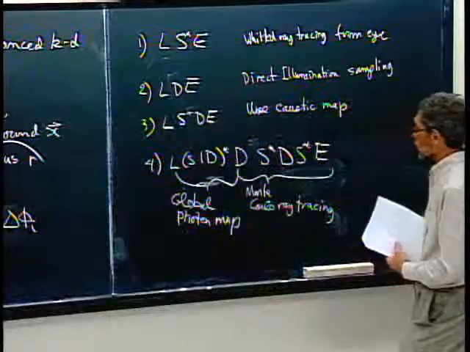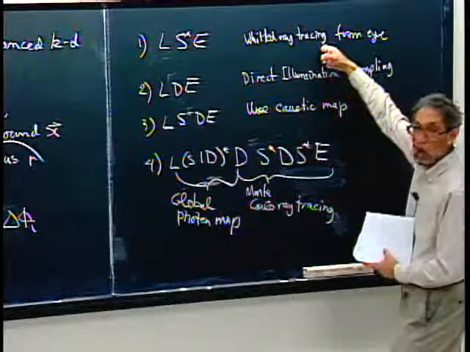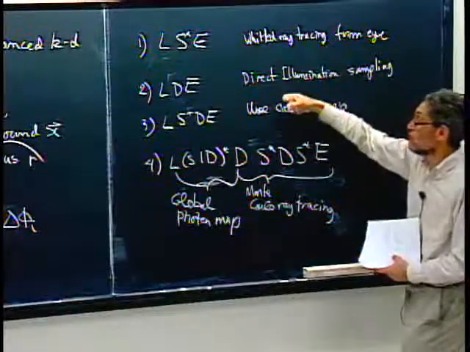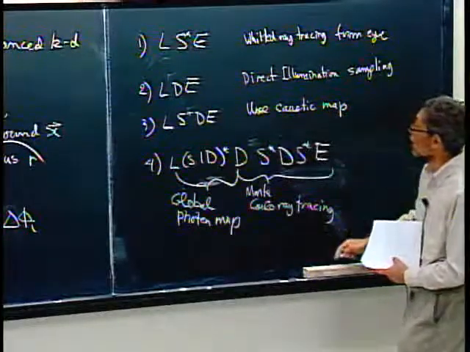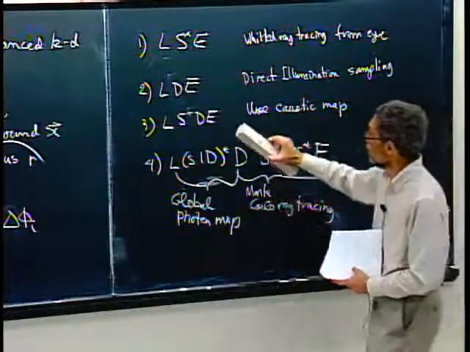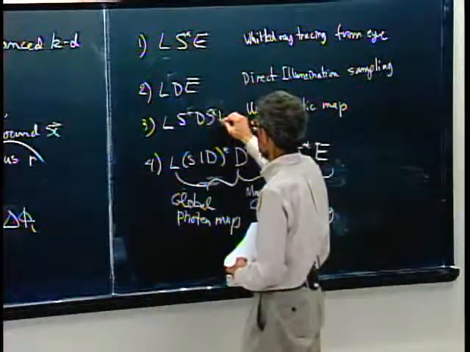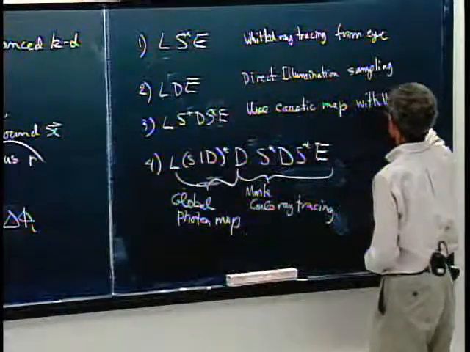And so the same argument we had last time. This one has all the paths with no diffuse reflection. These two have all possible paths. Actually, probably what I need to do is put an S star here too, I guess with weighted ray tracing.